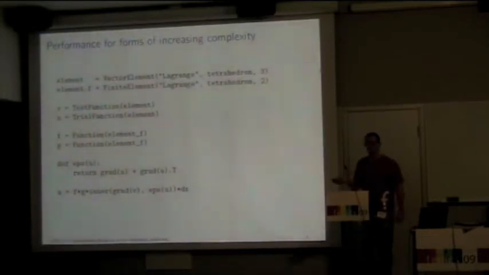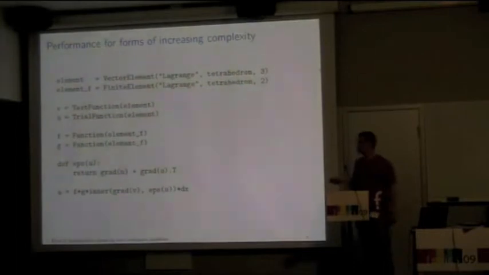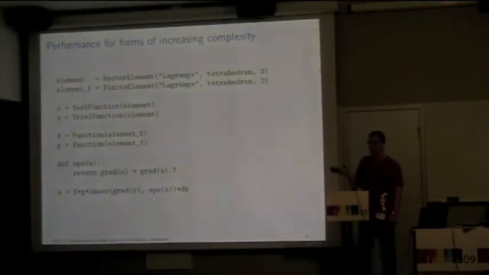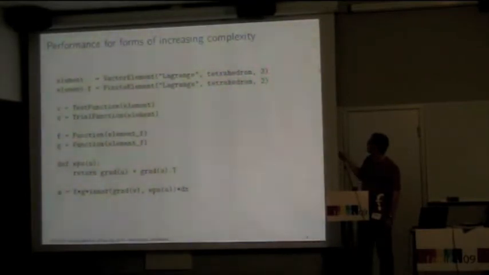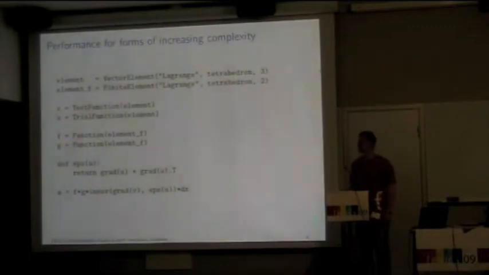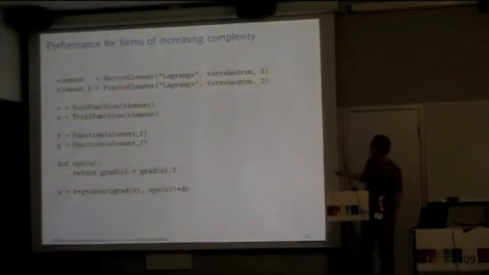So if we look at the performance for forms of varying complexity, and if we define a simple form, which is an elasticity-like form, so a symmetric gradient here, and we pre-multiply it with a number of functions, and we have different orders for the basis functions of v and u, and also a different order of the pre-multiplying functions, and we vary all that.